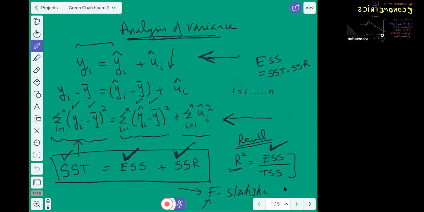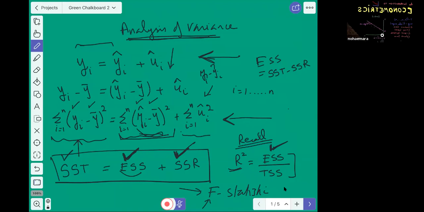What I'm doing here is estimating the distance between yi hat minus y bar, which is the ESS, and the distance between yi minus yi hat. So I need to adjust for degrees of freedom for this component and for this component.